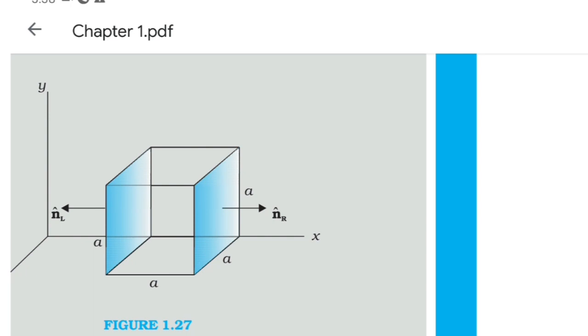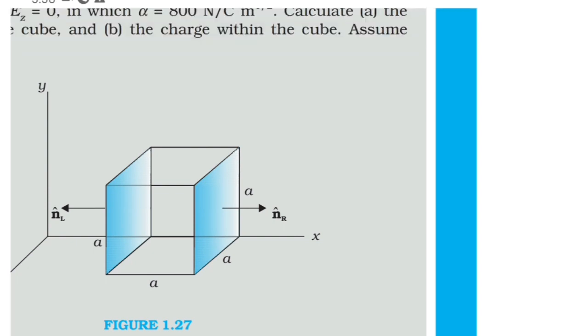If we find the net flux, the flux on the right side we will get as positive and the flux on the left side you will get as negative, because it is a uniform electric field. So the net flux through the cube will again be 0.